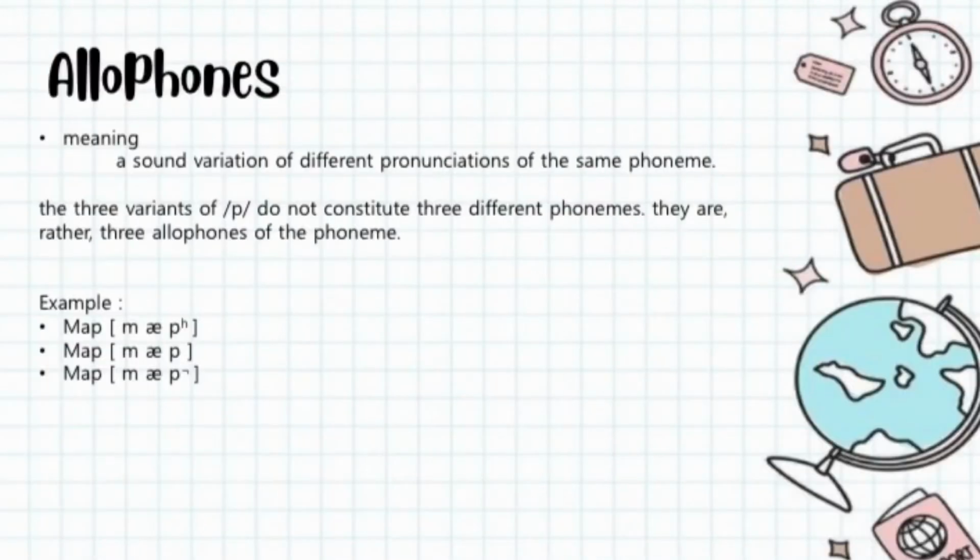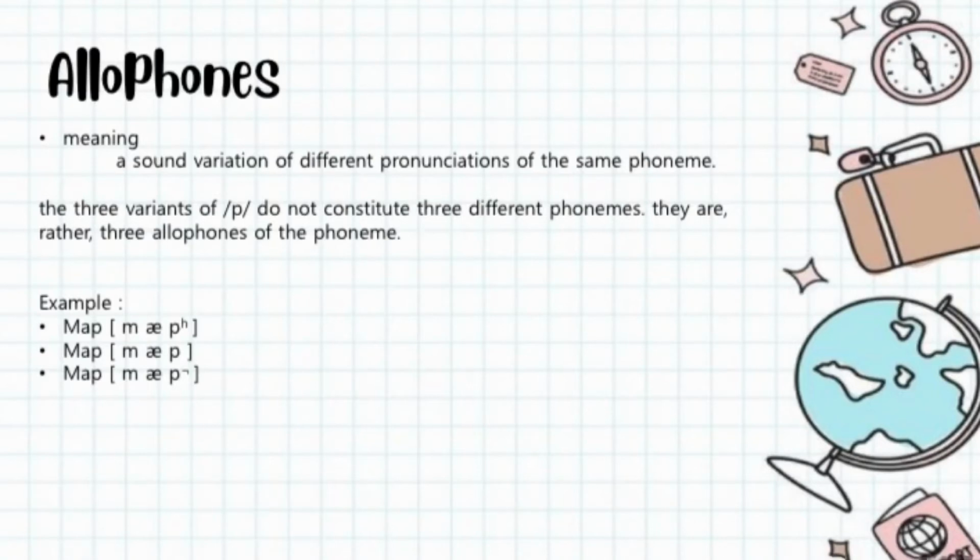So next is allophones. The meaning of allophones is a sound variation, a different pronunciation of the same phoneme. The 3 variations of p do not constitute 3 different phonemes. There are rather 3 allophones of the phoneme.